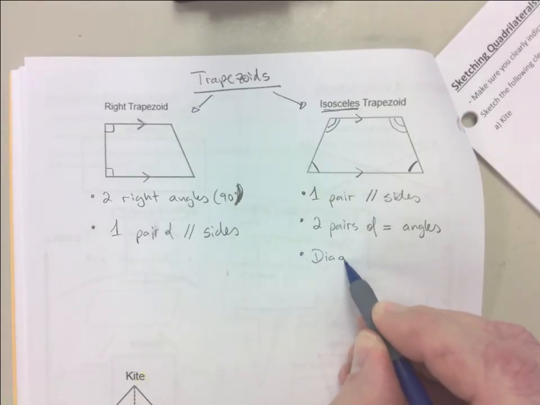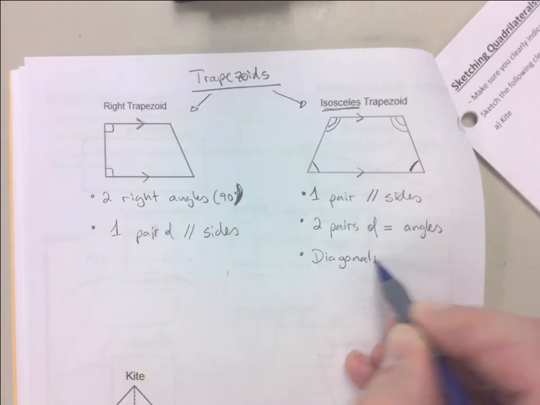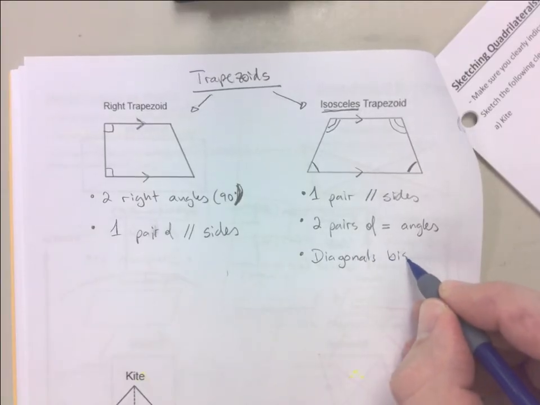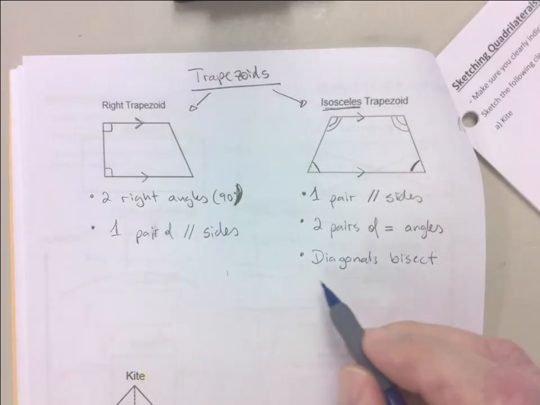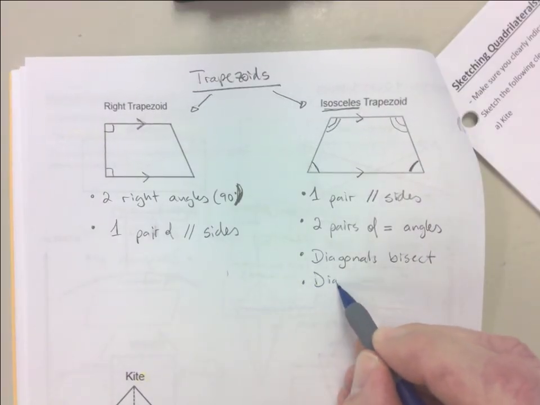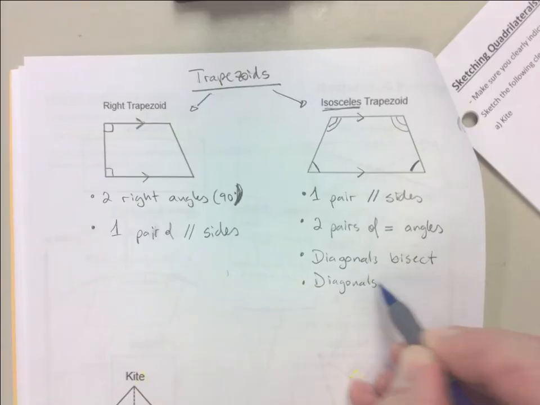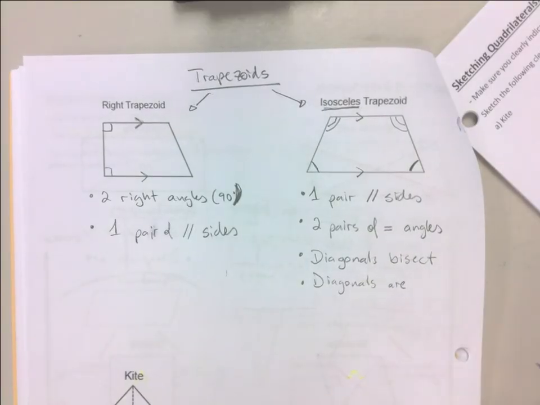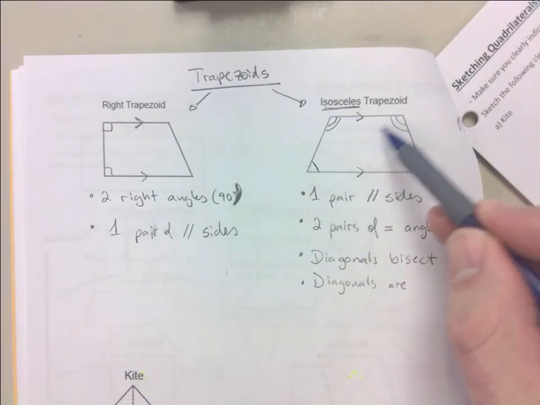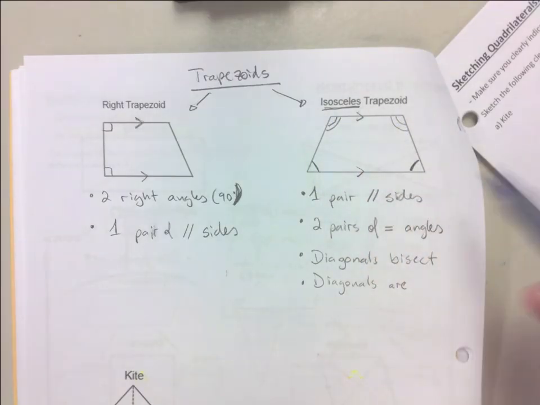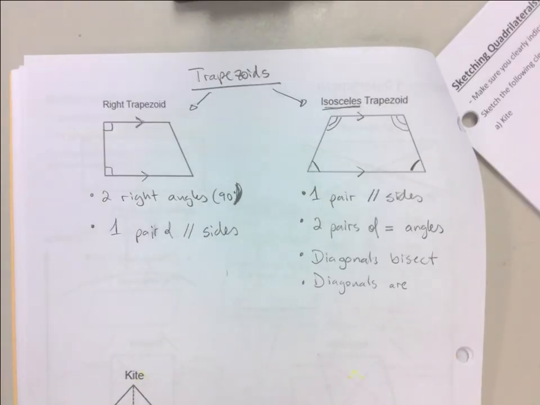The diagonals. Do you think they're going to be equal if you go across diagonals? You always go across, right? You think they're going to be equal or different? What do you think?